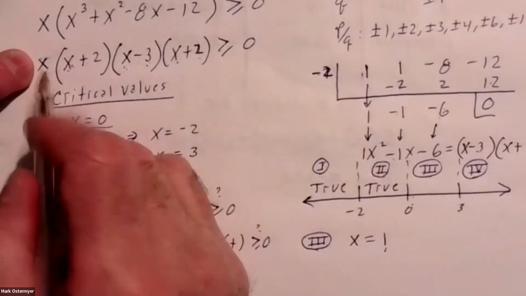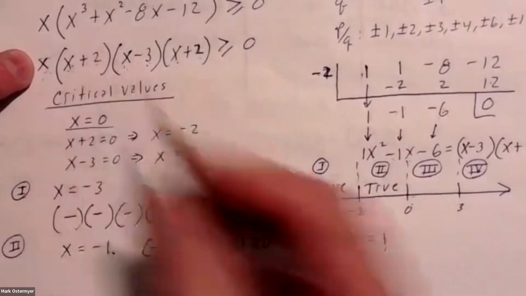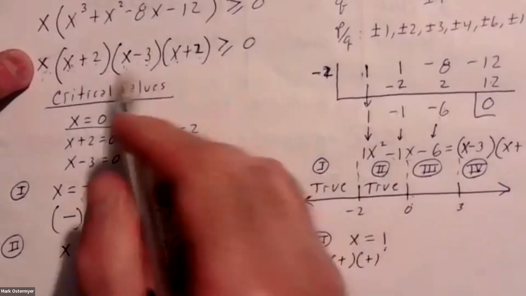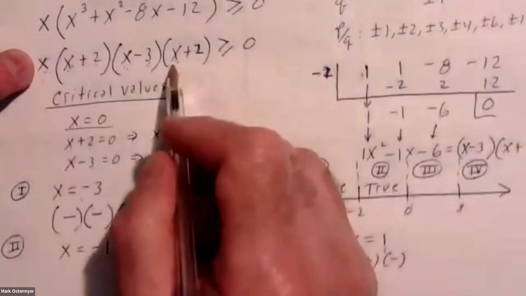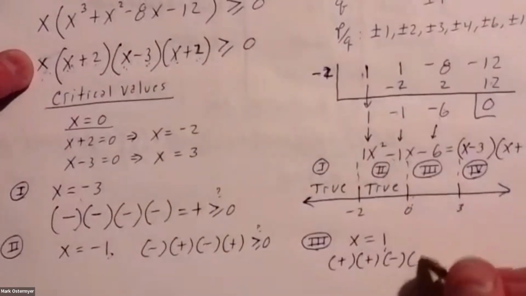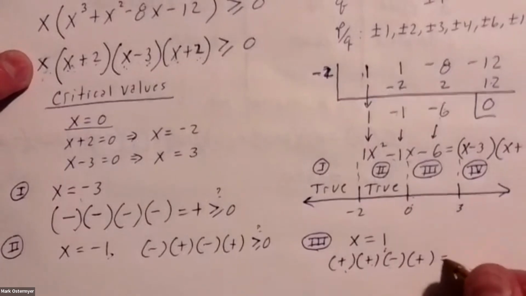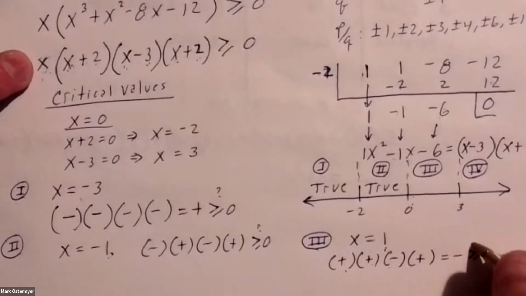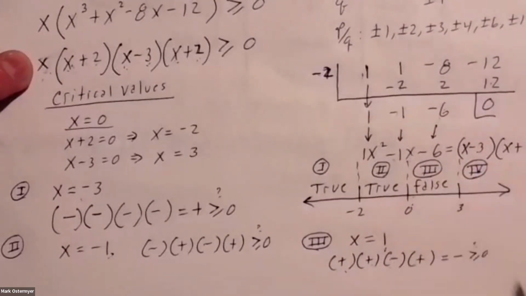Positive 1 makes the first factor a positive factor. 1 plus 2 makes this a positive factor. 1 minus 3 is negative 2, a negative factor. 1 plus 2 is a positive factor. So when you multiply these together, you get a negative, and a negative is not greater than or equal to 0. False. No solutions will be coming from interval 3.